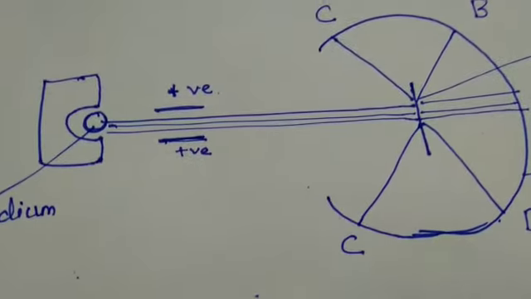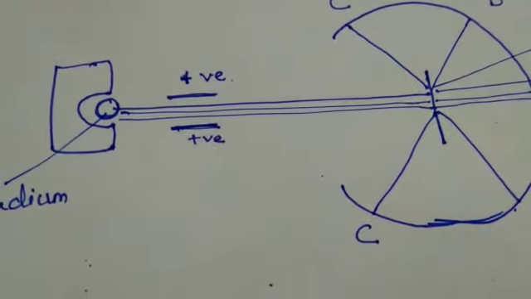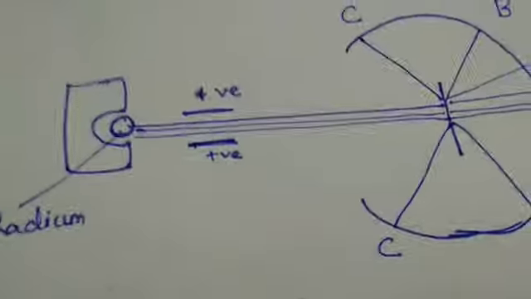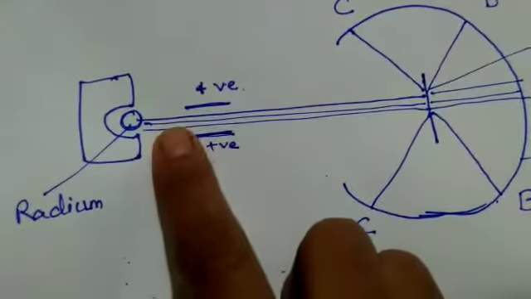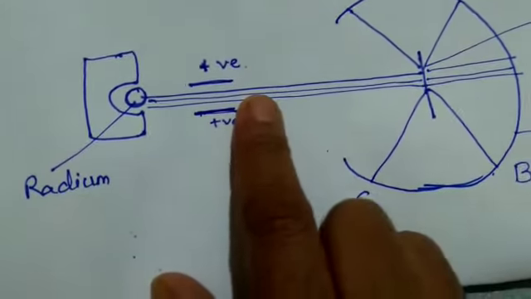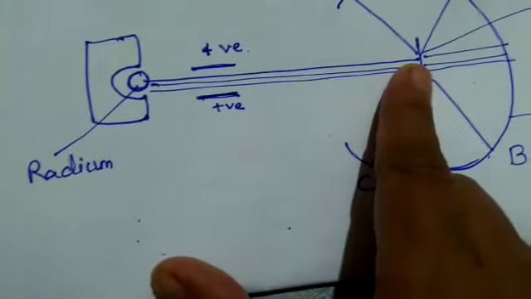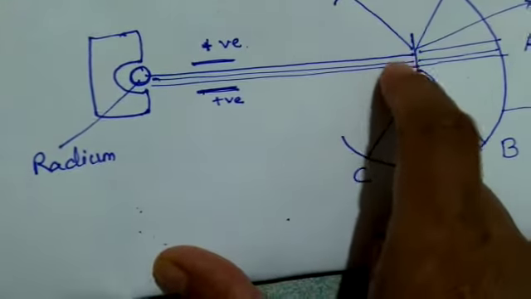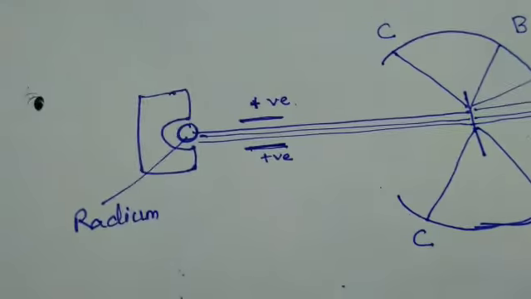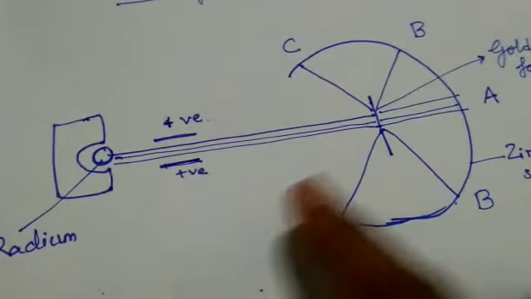This led to the discovery of the nucleus. The alpha particles carrying two positive charges, when they strike the nucleus, the concentrated positive mass, get repelled because the same charges are there.